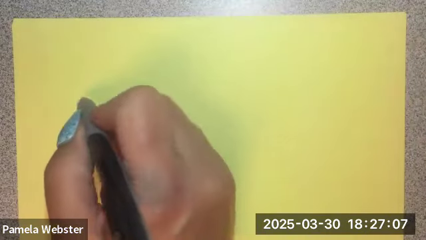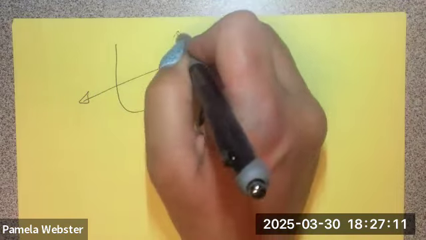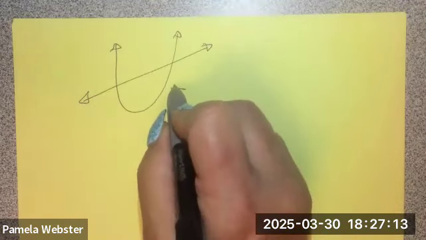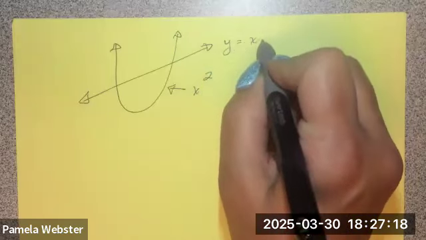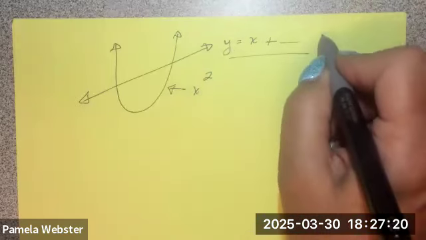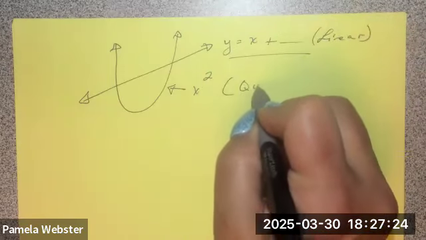Okay. Now, how is that important, or what the heck are you talking about? Let's say that I was doing some linear equation and some parabola, which we know is an x squared, and this guy is an x plus something. We don't know. So this is linear and this is quadratic.